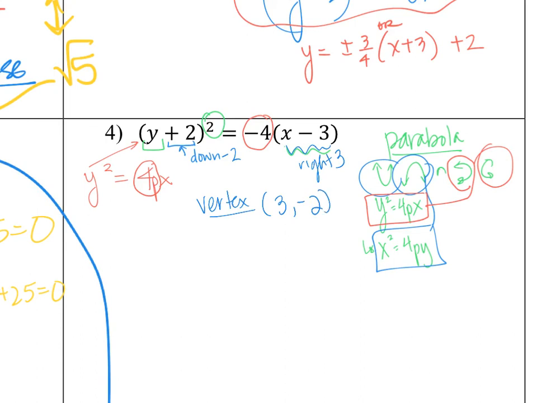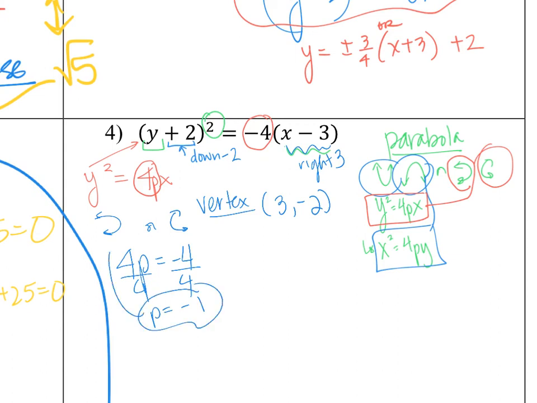And I have y squared, so I have to either open up to the left or to the right, but I know that my 4p is -4, so to solve that, I end up that p equals -1. So that negative tells me I'm being reflected, so I'm going to the left.